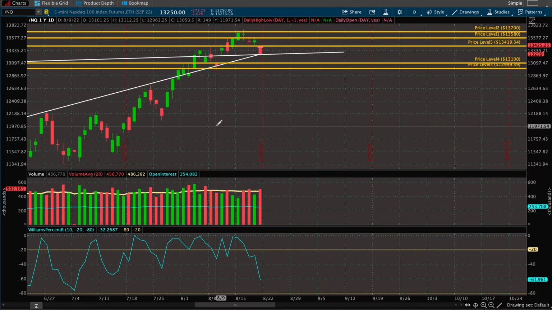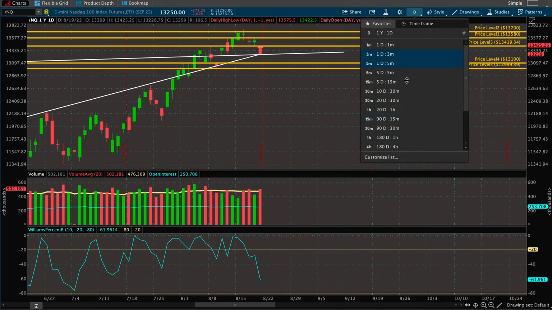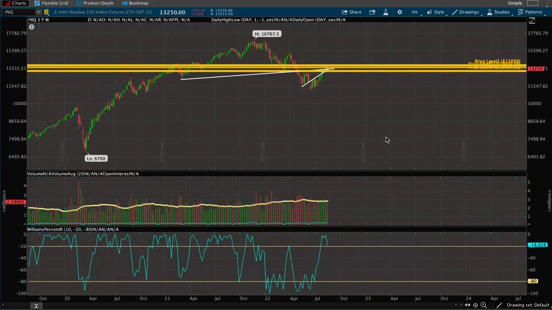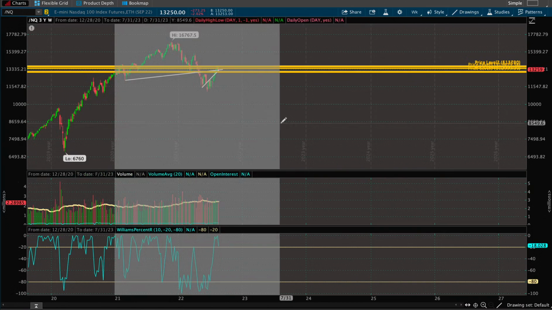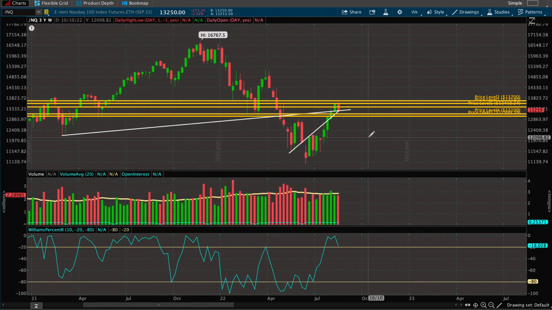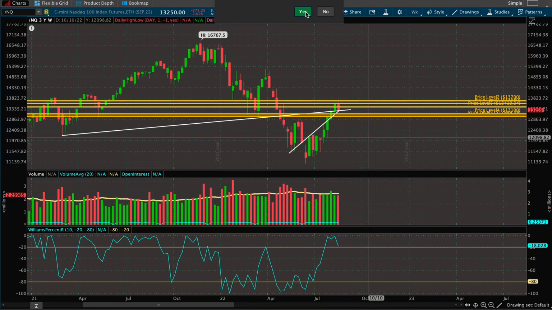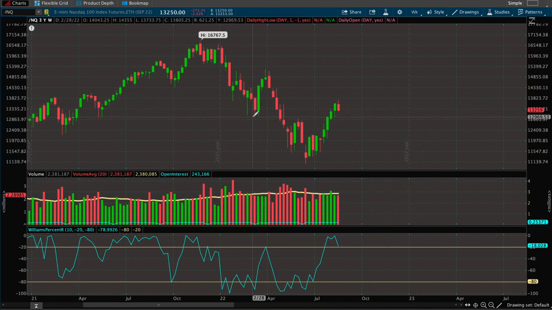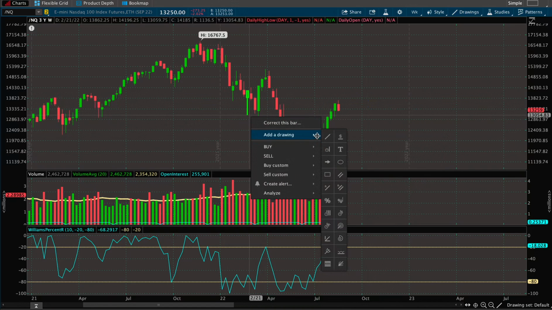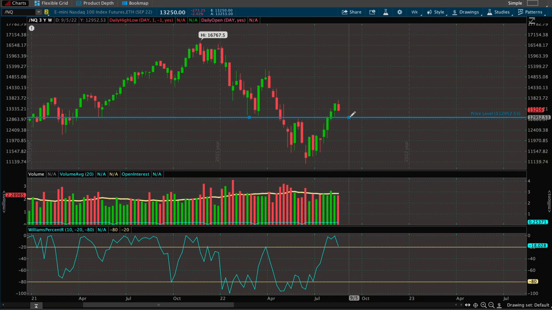So to see that over a bigger picture, let's go to the weekly, and I want to clear everything up here so that we can look at the charts with a little bit more clarity. So the bulls are still in control if we are still above this one.